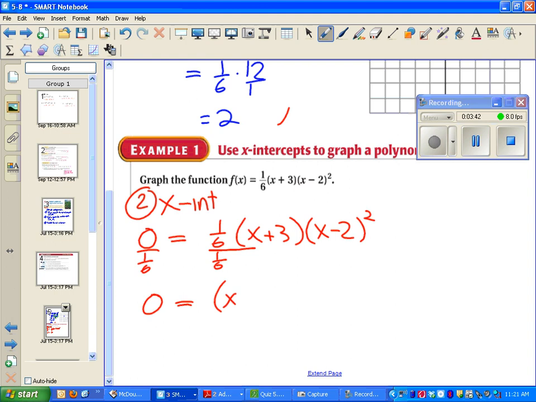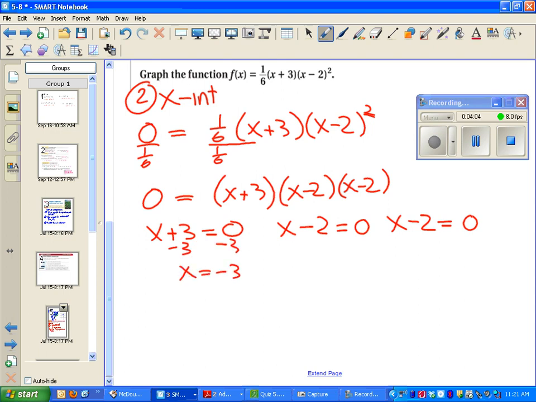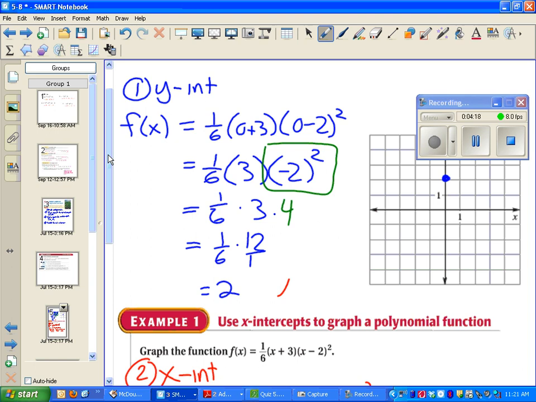And then we have x plus 3, and I'm going to rewrite this as x minus 2 times x minus 2. To find the x-intercepts, I'm going to set each factor equal to 0 and solve. Here I can subtract 3, so my x-intercept is -3, and the next two are both going to be x equals 2, which means our function is going to bounce at x equals 2. So when I go back up to my graph, I'm going to graph -3 and 2.